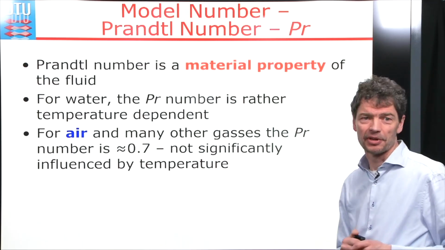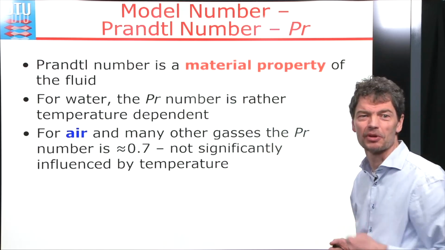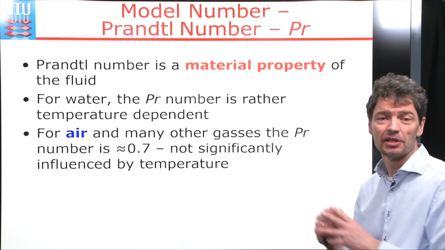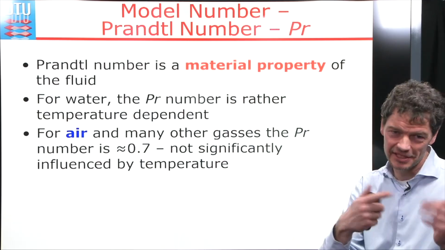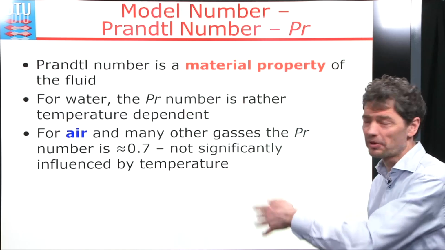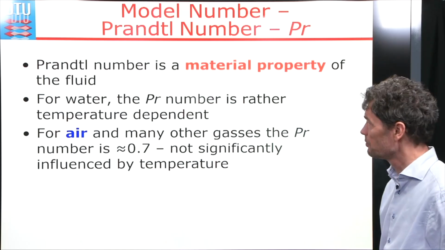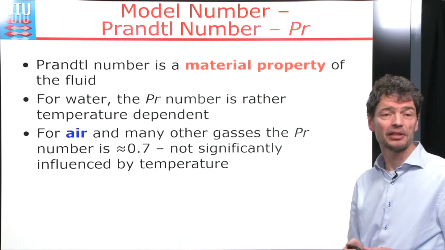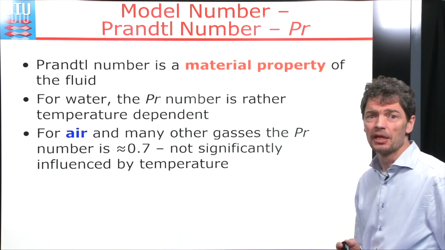Yet another model number. We need the Prandtl number. But as we said before, it was the last column in our table of material properties for our fluid, either the liquid, the water, or the gas, the air, as we had in that table, or whatever other fluid that you are dealing with. For water, the Prandtl number is rather temperature dependent, so that we must consider.